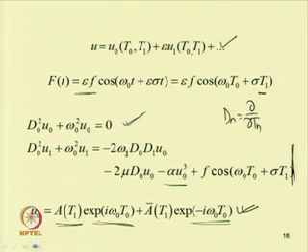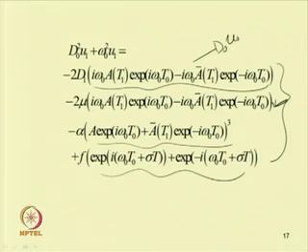So, by substituting that expression, we can write this forcing term also in terms of an exponential function, that is f e to the power i omega 0 t 0 plus... so it should be f by 2. So, e to the power i omega 0 t 0 plus sigma t 1 plus e to the power minus of the same.